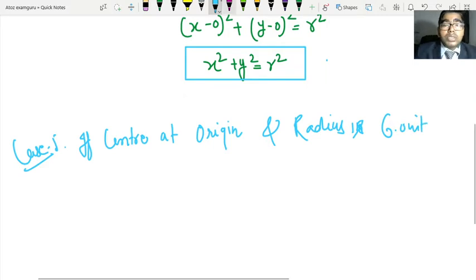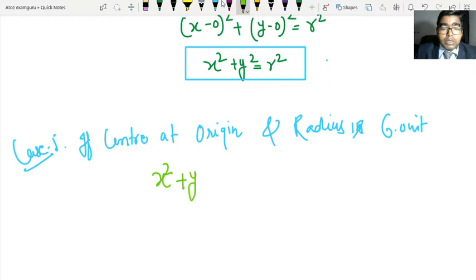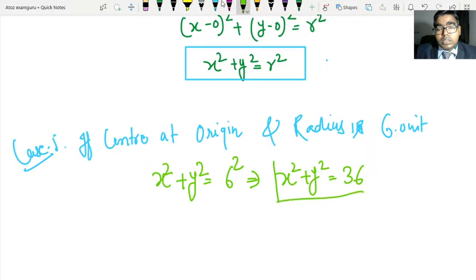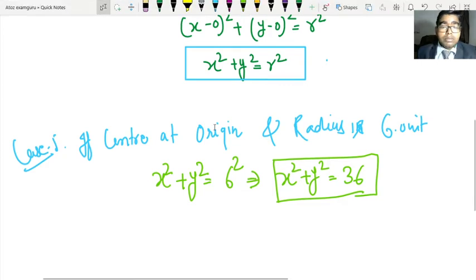Then what is the solution of this question? It means x square plus y square equal to 6 square, which means x square plus y square equal to 36, right friends? Now let us see another question.